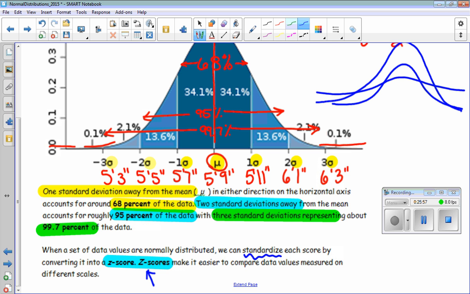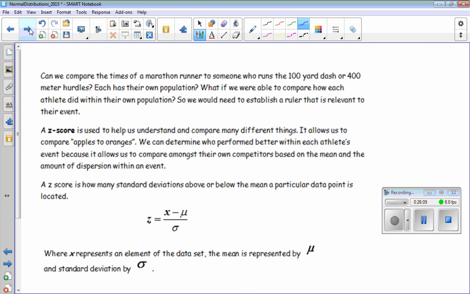So it's used to standardize, to be able to compare values. And we'll look at when we use that in a little bit. A z-score is used to compare. So if we're ever asked who did better, who is taller, anything like that, when you're comparing, you want to think z-score. We'll look at an example for that in a minute.